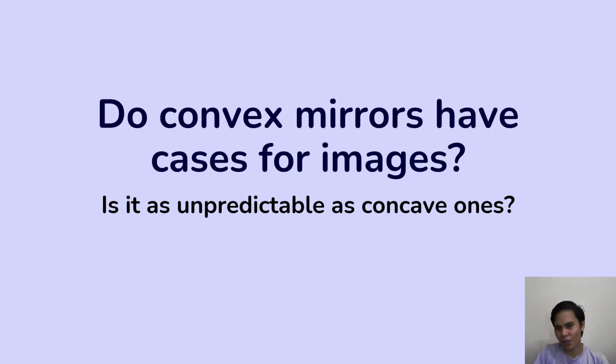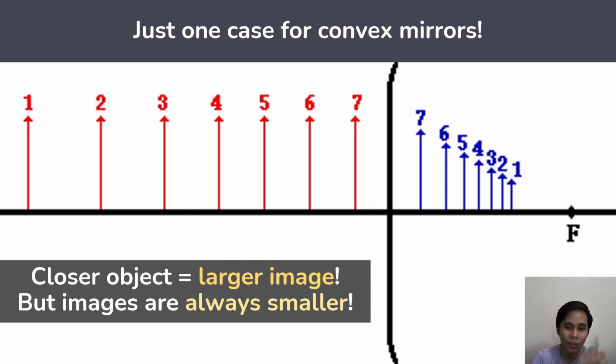So do convex mirrors have different cases for images, just like your 5 cases in concave mirrors? Are they that unpredictable? The answer is no. There's actually only one case for your convex mirror. Since the focus is on the other side, you can't have your object in different places or cases based on the focus. It's always away from the focus.